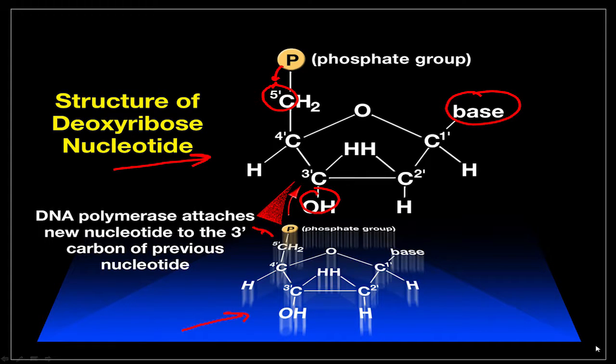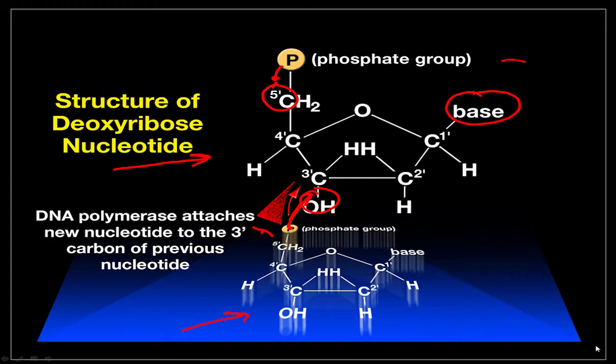We're not drawing every single atom there, but basically a bond is going to form between phosphorus here and an oxygen. To be honest with you, I forget the exact chemistry of it, but it doesn't matter for this. The bottom line is that the attachment is going to go from the 5' phosphate on one incoming nucleotide to the 3' OH group on that carbon there, right?